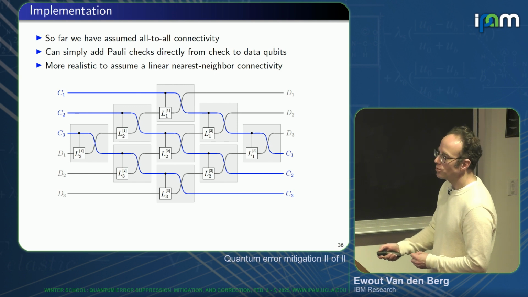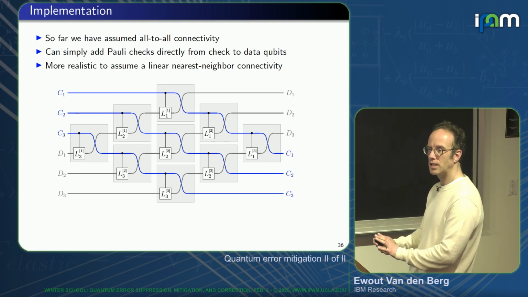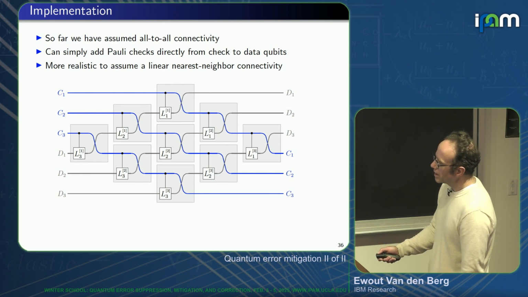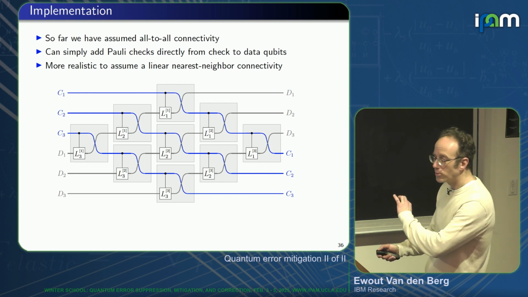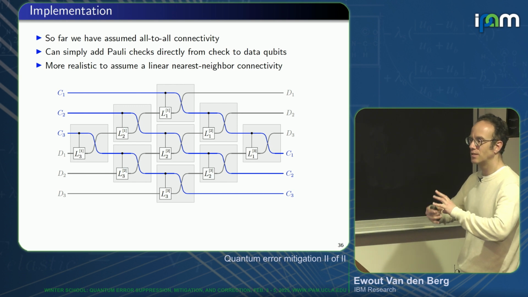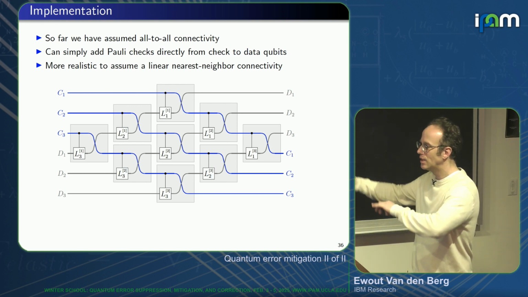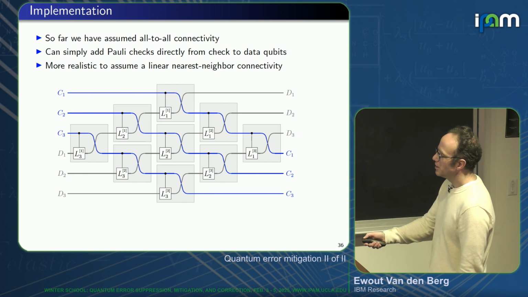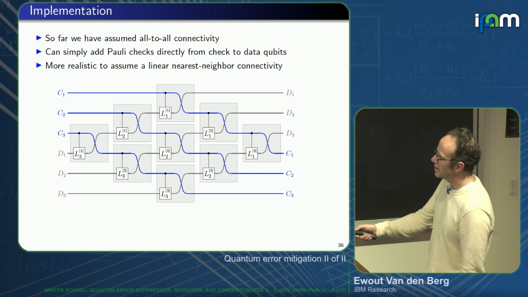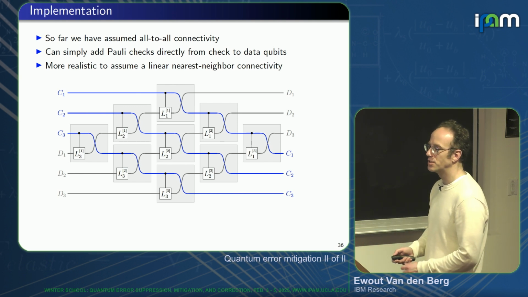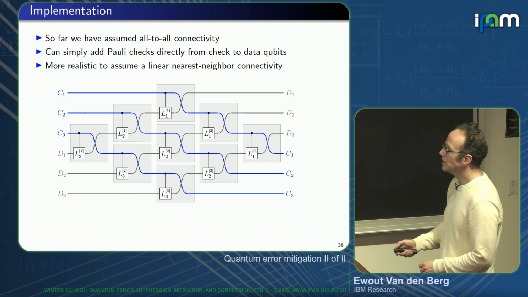We start with the data qubits, so this is where our unitary U applies to, and our check qubits. And we then apply the little Pauli component for the check, and we do a swap. So you can just imagine a swap, not just apply the swap gate, but you can just imagine you change the wires logically, right? And then you apply the second part, and you swap again, and the third part. So on the first data qubit, we've applied all of the 3 different checks, and you do this for all of them.